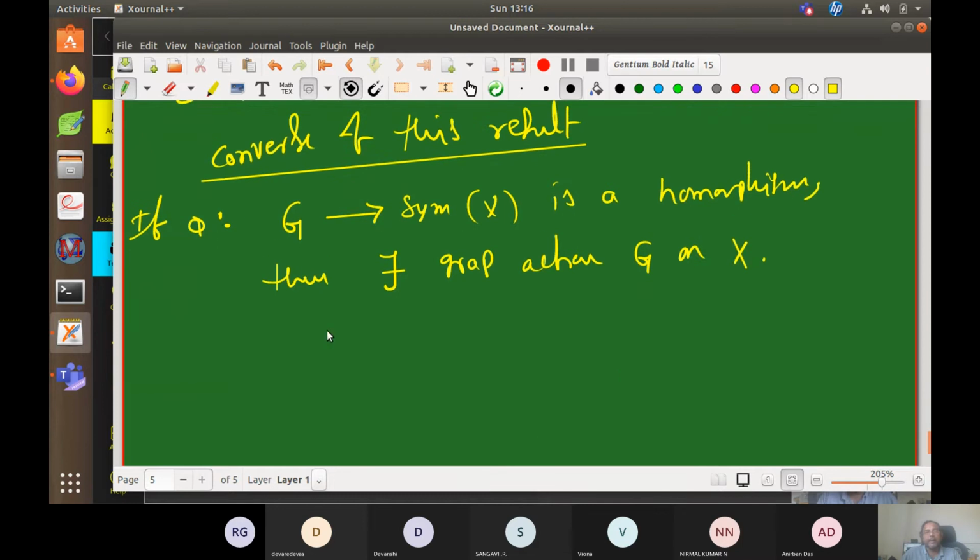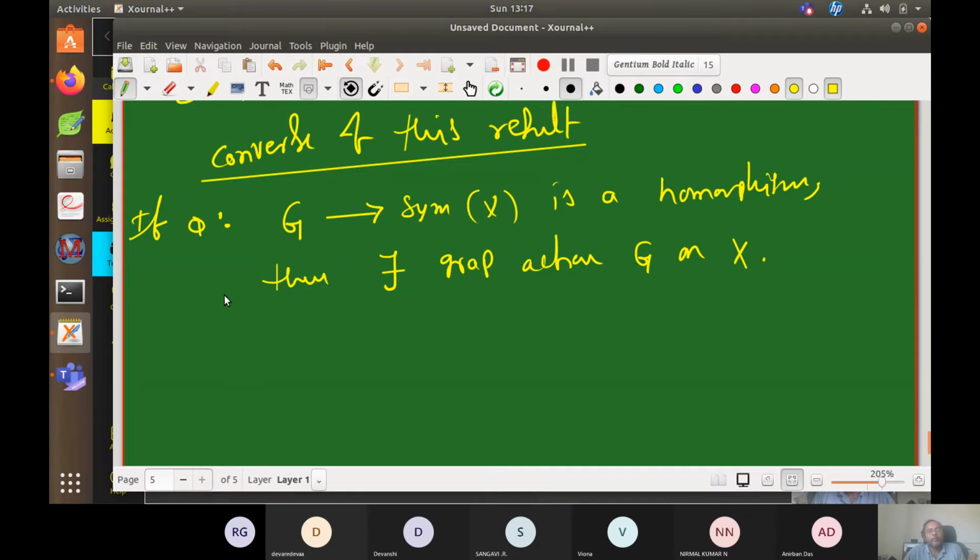If you are able to prove this part, both directions are true. So a group action is equal to finding a group homomorphism from G to the symmetric group of X. And if there is a group homomorphism from G to the symmetric group of X, there is a group action, right?